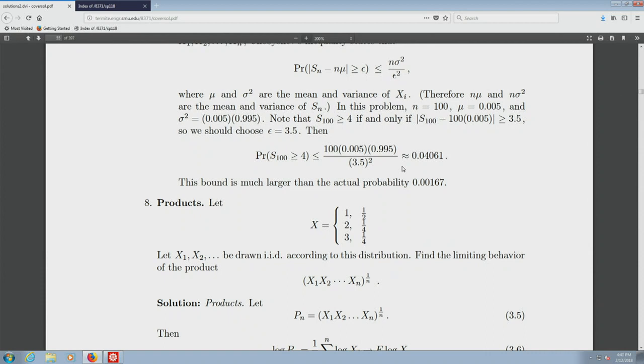Oh, he takes epsilon 3.5. That's a different epsilon, and that determines the typical set. That bound is sometimes good, sometimes not.